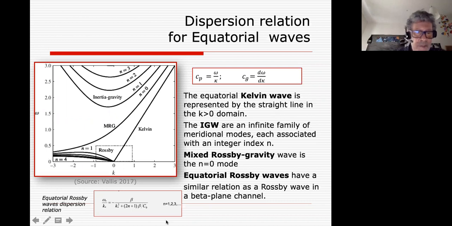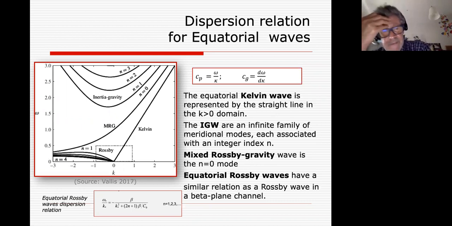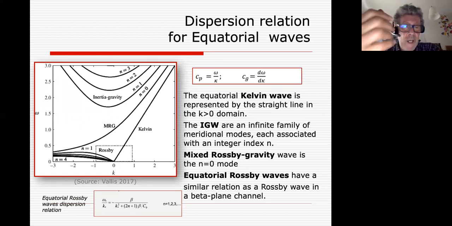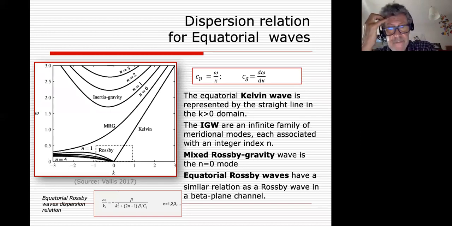That geometrically means that this group velocity is related to the slope of the Rossby wave. So the Rossby wave has a little hump here, so we have negative and positive slopes, and this explains the fact that the ratio between omega over k is always negative.